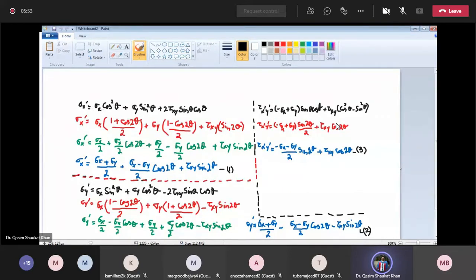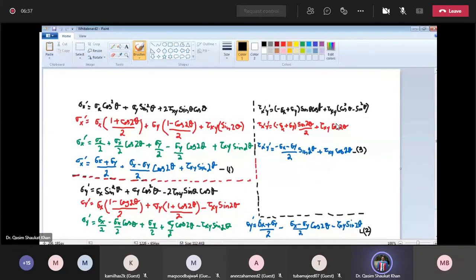We can replace cos square theta with the identity 1 plus cos 2 theta over 2, plus sigma y sin square theta, which we replace with 1 minus cos 2 theta over 2, plus tau xy times 2 sin theta cos theta, which we can replace with sin 2 theta. So our simplified equation becomes sigma x dash is equal to sigma x times 1 plus cos 2 theta over 2 plus sigma y times 1 minus cos 2 theta over 2 plus tau xy sin 2 theta.